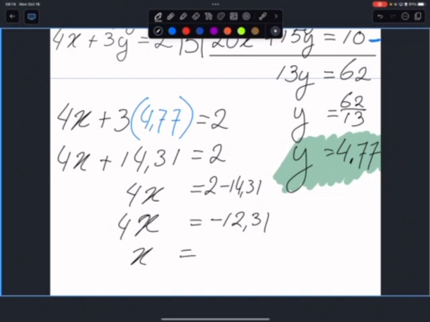Then x becomes 3.08. That was the multiplication method for simultaneous equations.